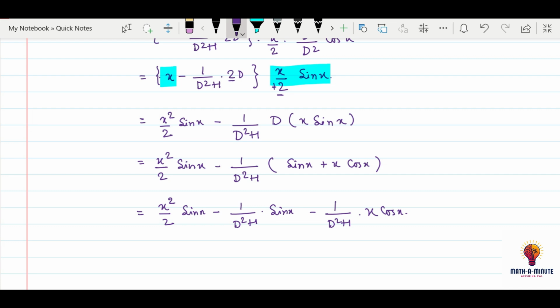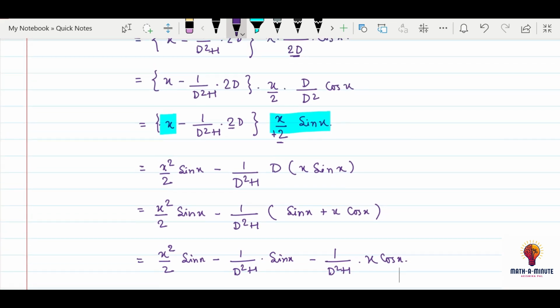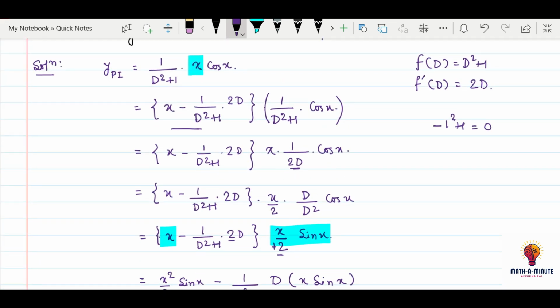If you check the first line of this calculation, we know that the particular integral is 1 by D square plus 1 into x cos x.